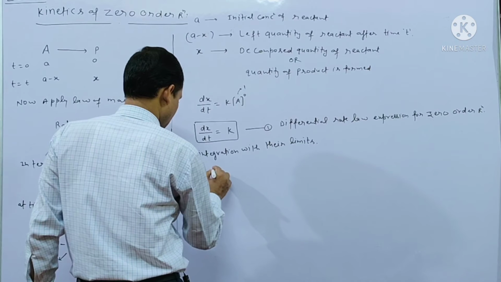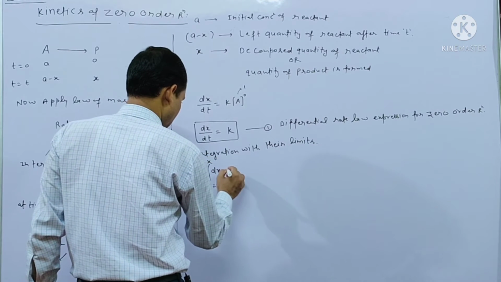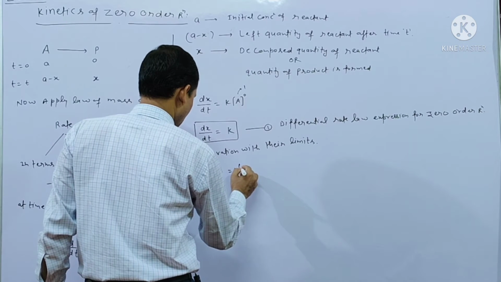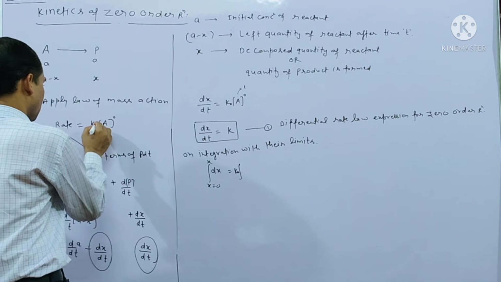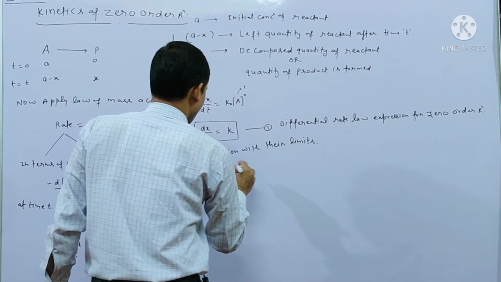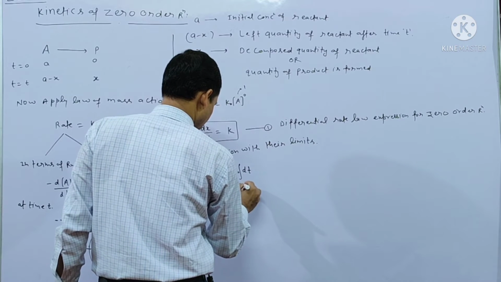On integration, we get the integral of dx from x equal to 0 to x, equal to the integral of k. For the zero order reaction we consider this k naught, with dt from t equal to 0 to t.